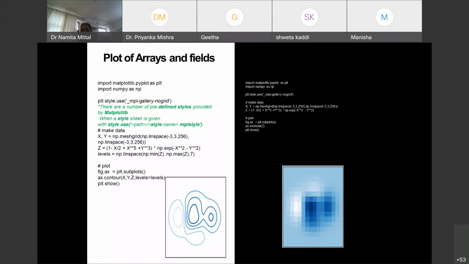The second example is of a heat map. You can see the saturation colors. Where the color is light, there are fewer values, and where the color is dark, there are more values. So we can assume this as a confusion matrix. Suppose I have 10 classes. Now I have to check how much of the first class's data went to the first class, and how much went to the second and third.